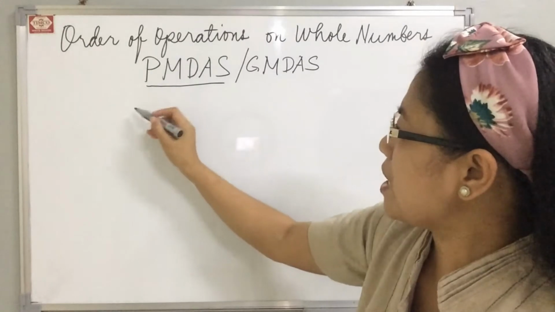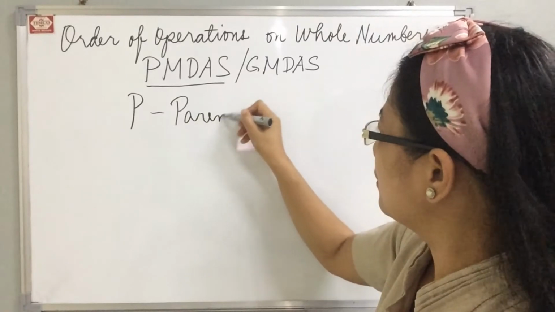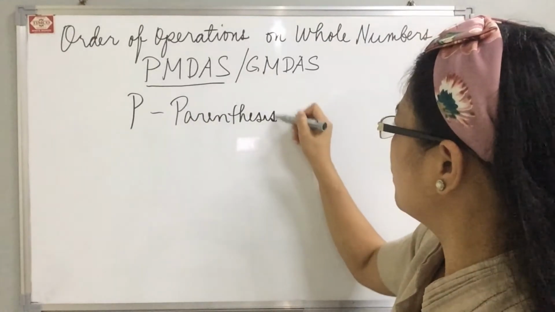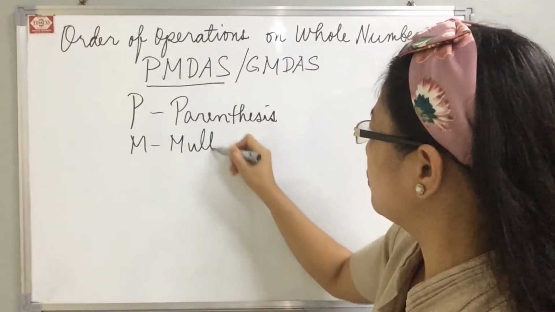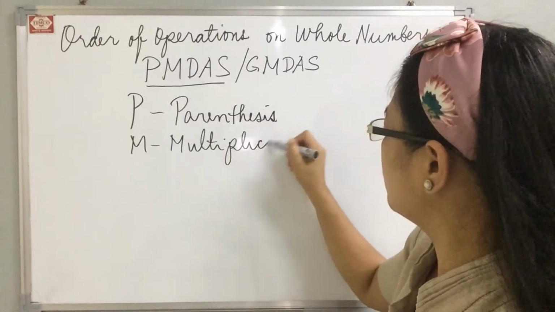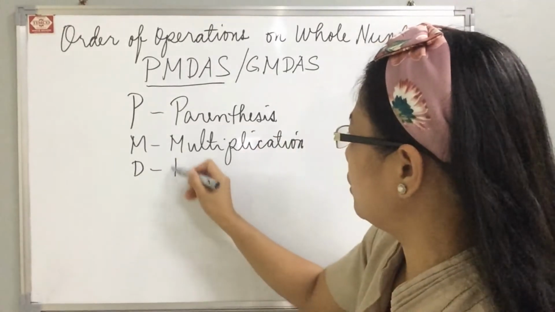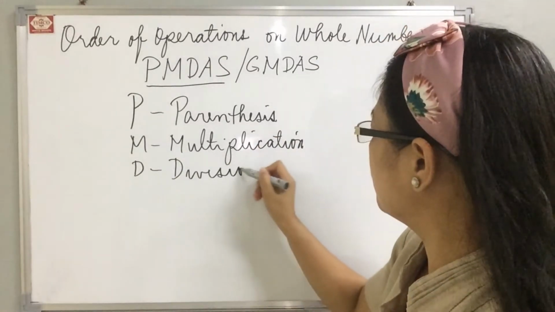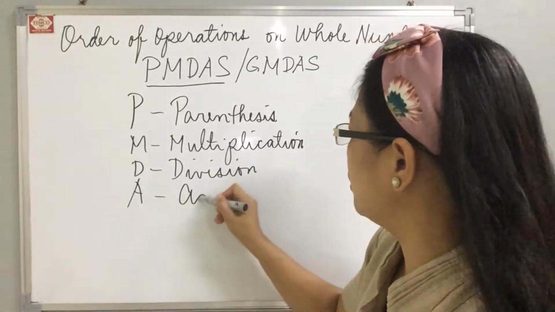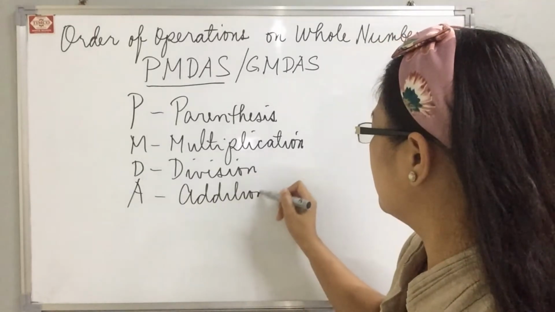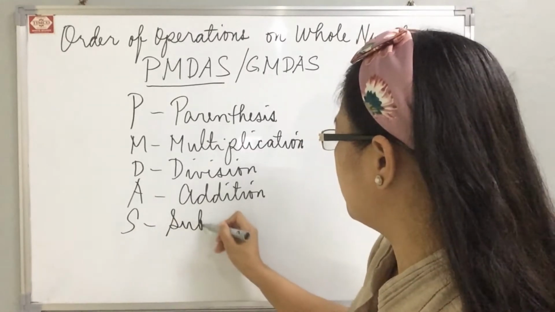So P here stands for parenthesis. M is for multiplication. D is for division. A is for addition. And S is for subtraction.